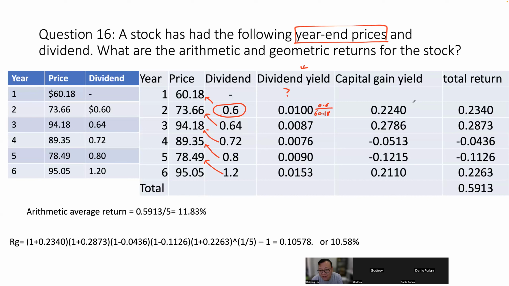So in this case, I use 73.66 minus 60.18, divided by 60.18. That's how I got this number. And now you know the two yields, and when you add them up, you get your total return. This will be in percentage.